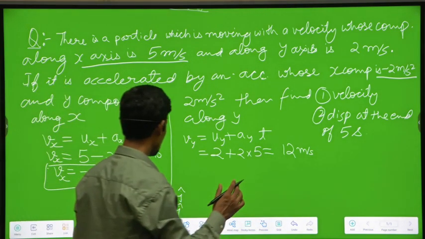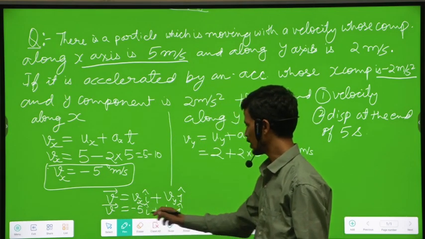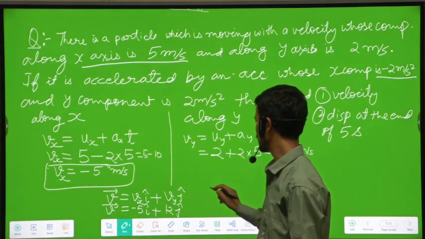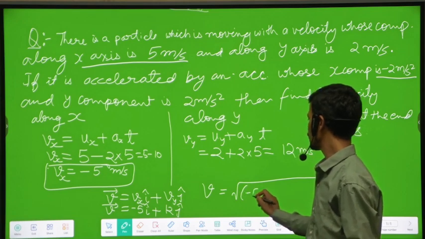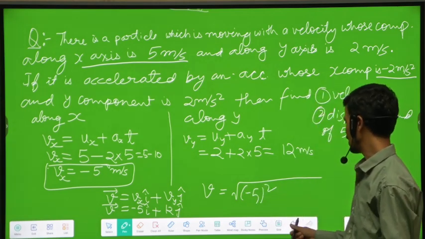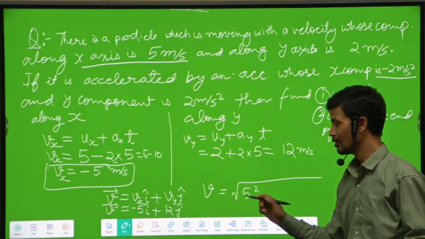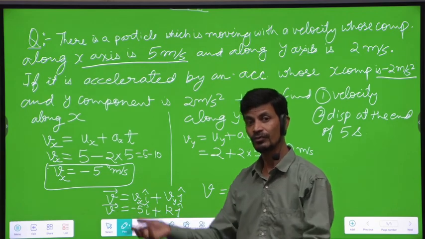And magnitude-wise, if we want to find magnitude, we can directly find it, or we can take values directly from here and here. So v will be equal to root of minus 5 square. Actually, I encourage students to directly write 5 square, because we take the value of that component with its sign.